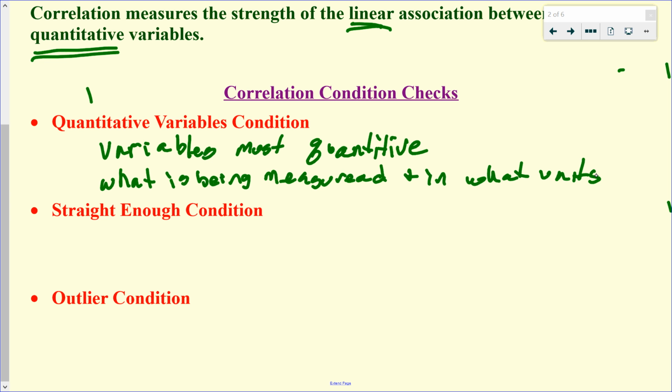Okay. Second condition we have is a straight enough condition. Remember, correlation only deals with linear associations. So see the scatter plot. Know that it is linear.